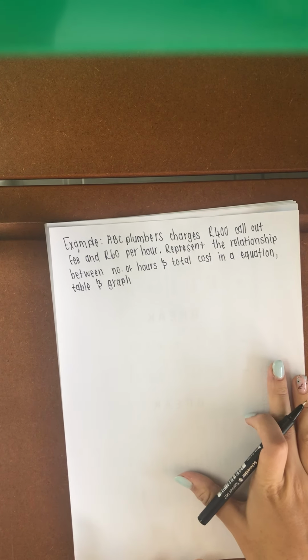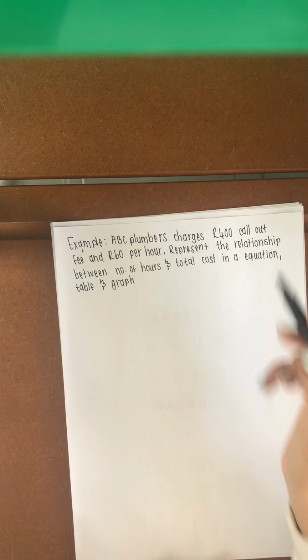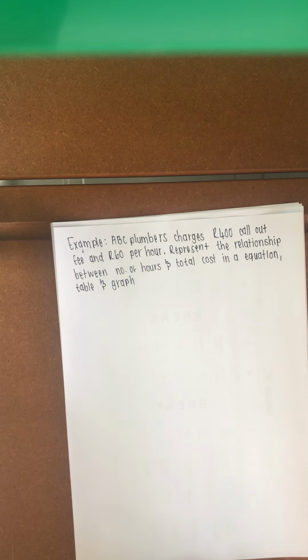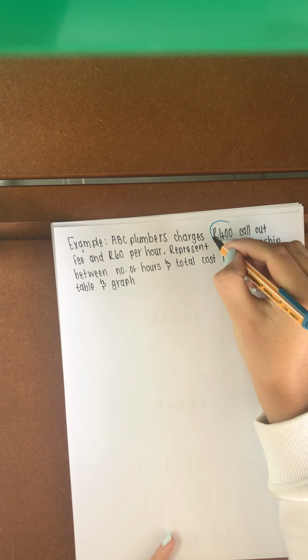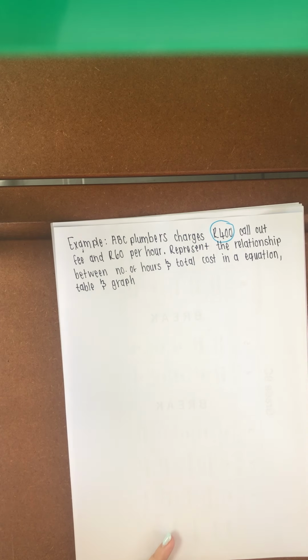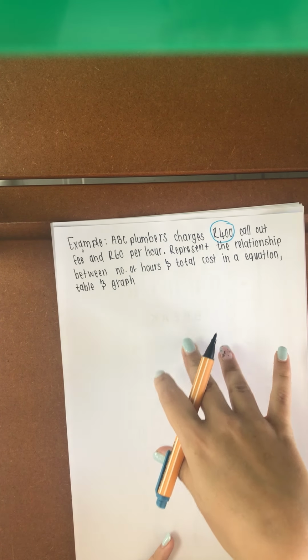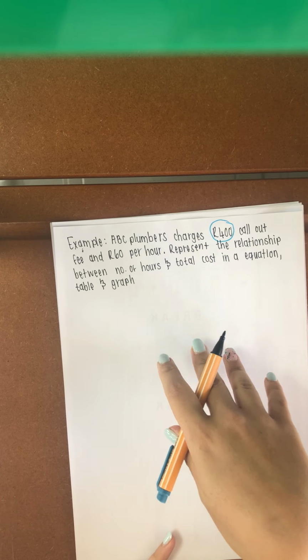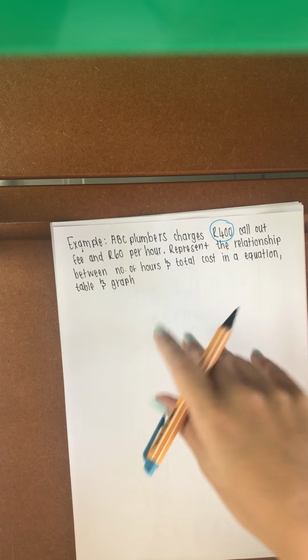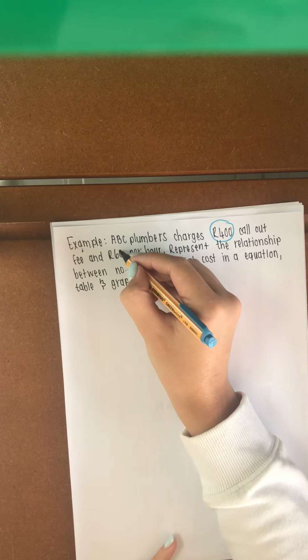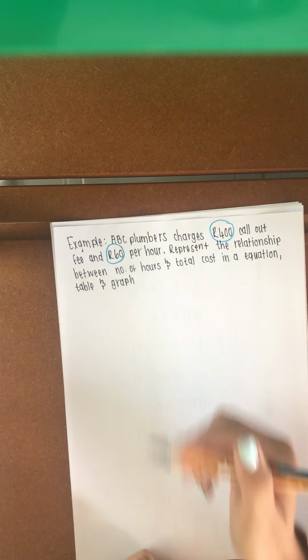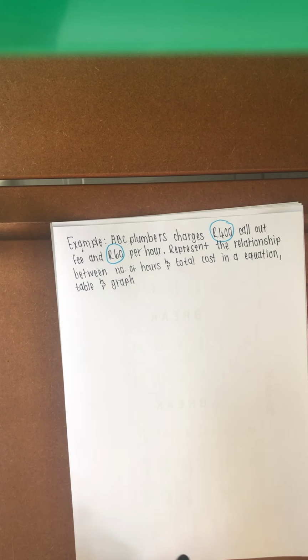Okay, so now I read carefully, and I know for every single call it will be a 400 Rand call out fee. So that means no matter how long they've worked, their call out fee is 400 Rand. And then it charges 60 Rand per hour. So there's two things that are happening.